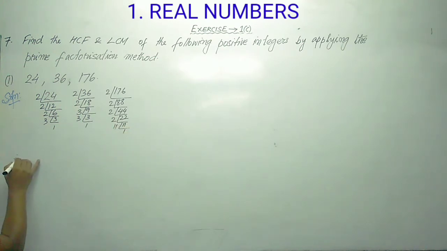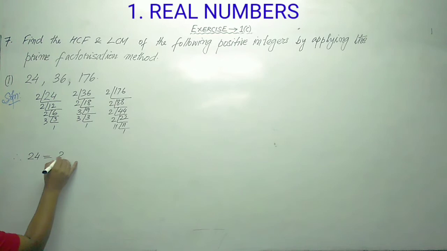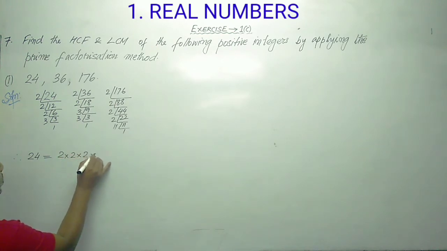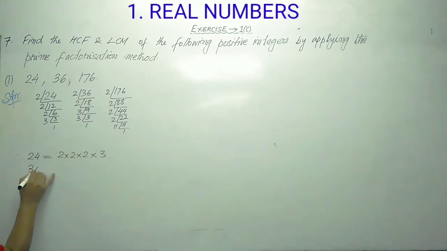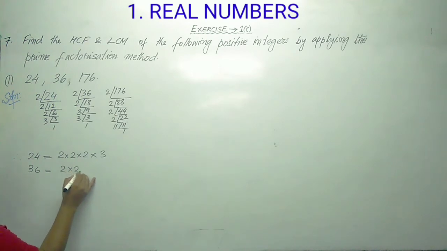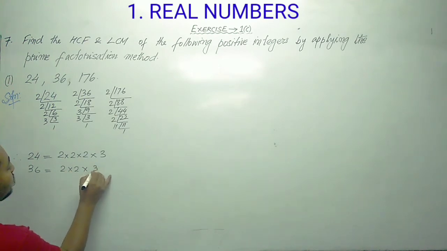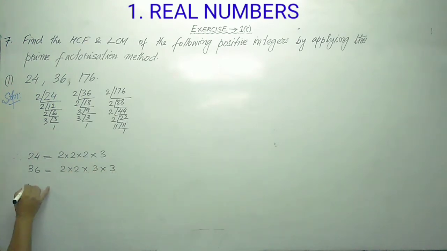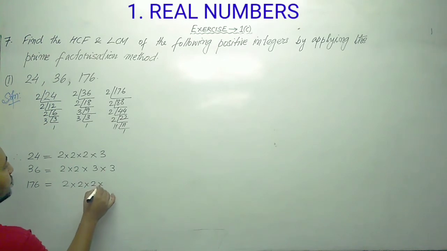So therefore, 24 can be written as 2 into 2 into 2 into 3. 36 can be written as 2 into 2 into 3 into 3. And 176 can be written as 2 into 2 into 2 into 2 into 11.